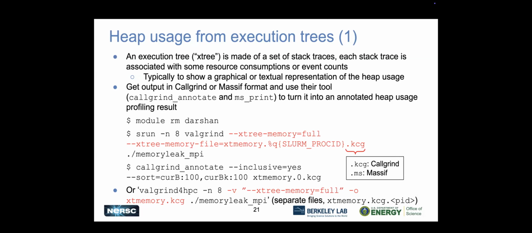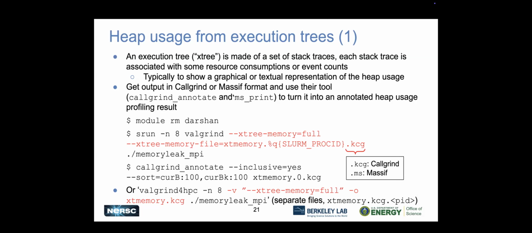For instance, if a code allocates a memory block, then there is an execution tree, the calling sequence for that event. These are used for graphical or textual representation of resource usage, in this case Memcheck with heap usage. And then we get the output in the Valgrind or Massif format.